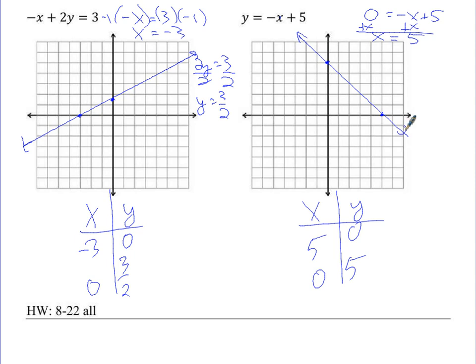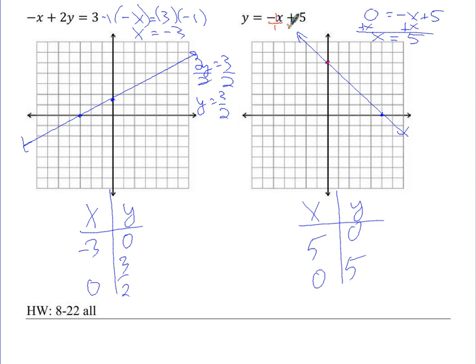And now since we have like another minute or so, let's take a look at slope-intercept form for that equation since it's already in slope-intercept form. If I'm going to graph using slope-intercept form, what do I do? Start at the y-intercept, which is 5. So I put a dot there, and then I use the slope, which is -1, and I want to put that over 1 so that I see the rise and the run.